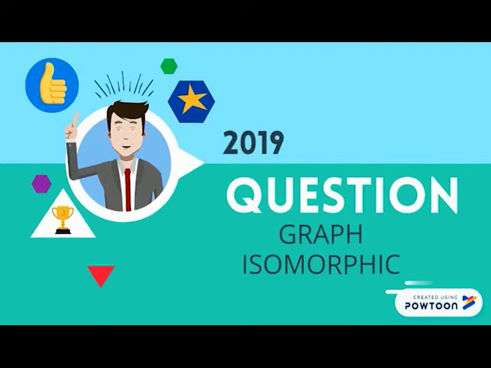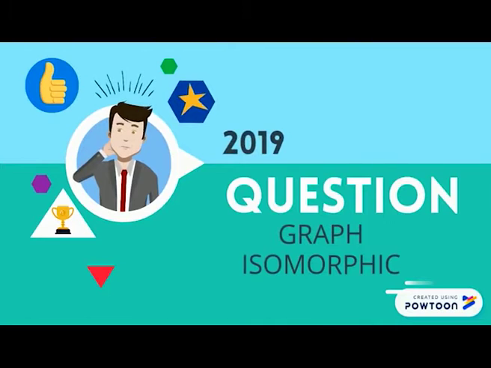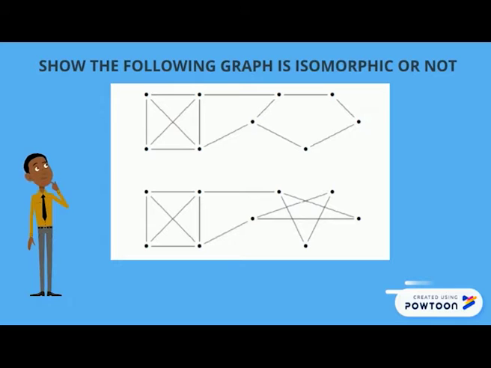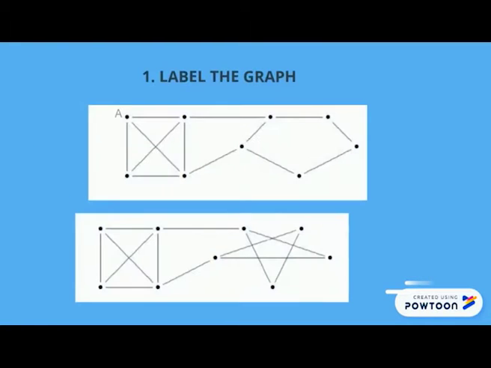Isomorphic graph questions. Show whether the following graphs are isomorphic or not. First, label the graphs with suitable labels.